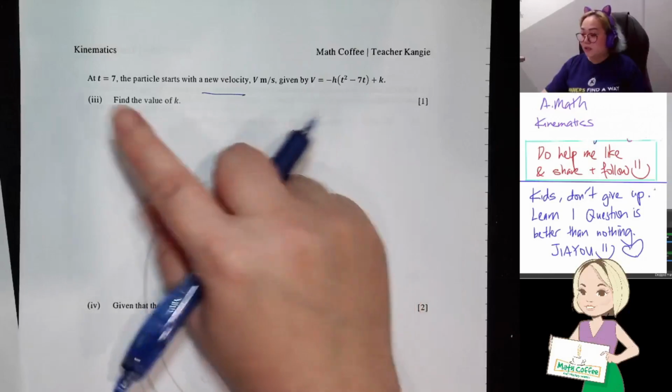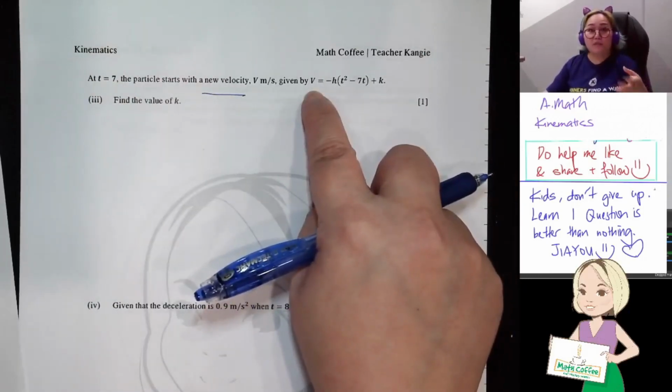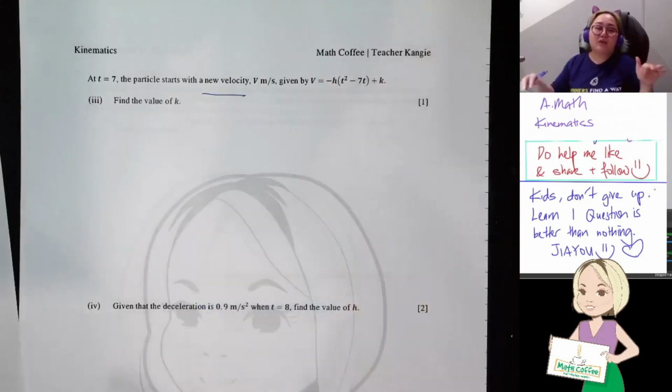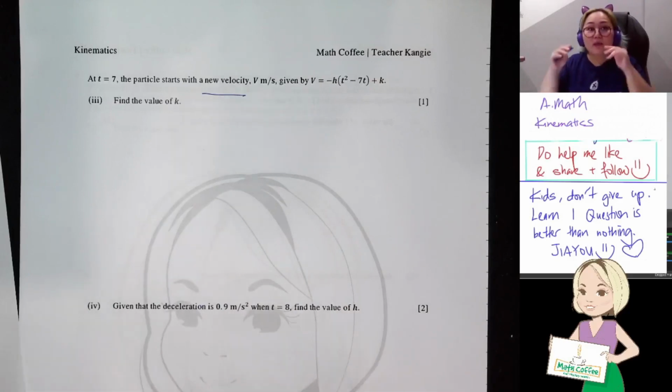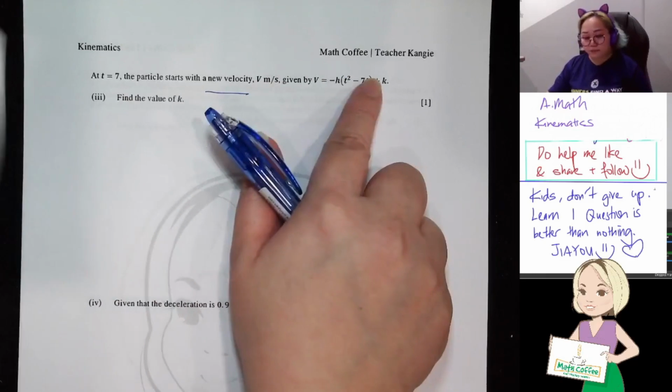Then when t equals 7 onwards, they change to another velocity. Velocity is, in other words, speed. Speed is without direction. Velocity is speed with direction. So they are just trying to tell you from 0 to 7, this particle is moving at this speed, and then from t equals 7 onwards, your particle changes speed. That's all. Understand?